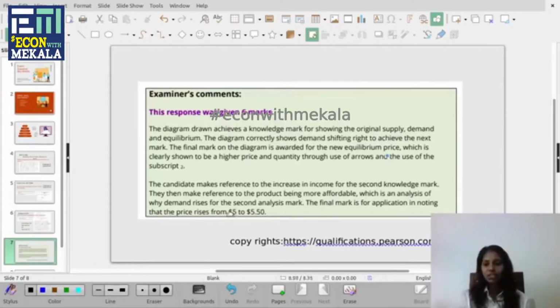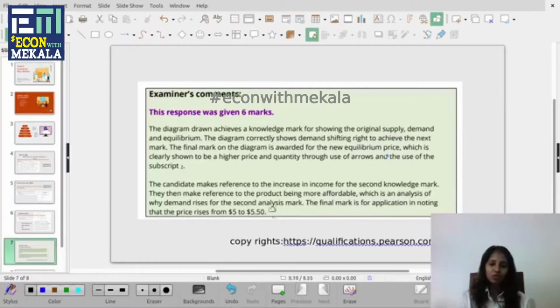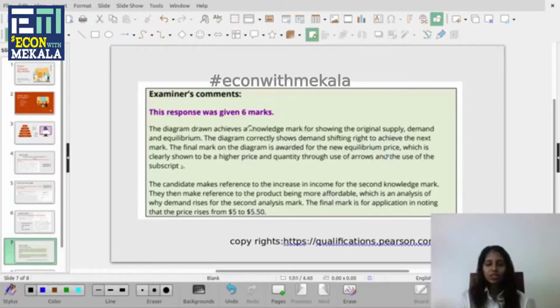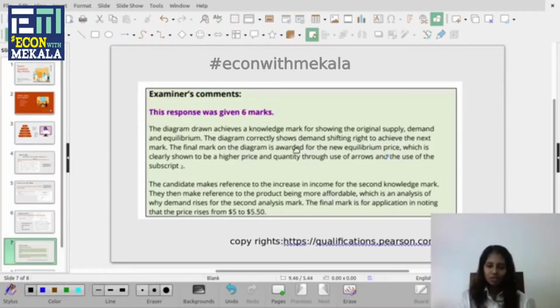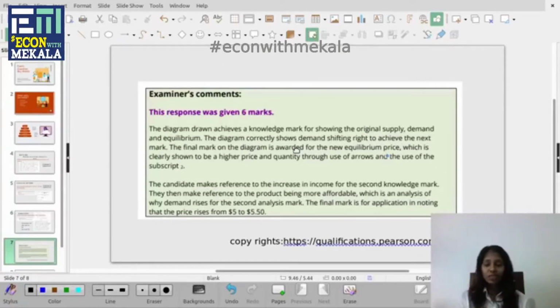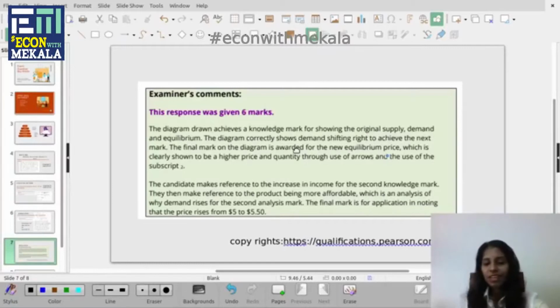He has mentioned price has increased from $5 to 5.50. So that is an increase in prices. So this is how you can construct a very good, quality answer without writing paragraphs and paragraphs.